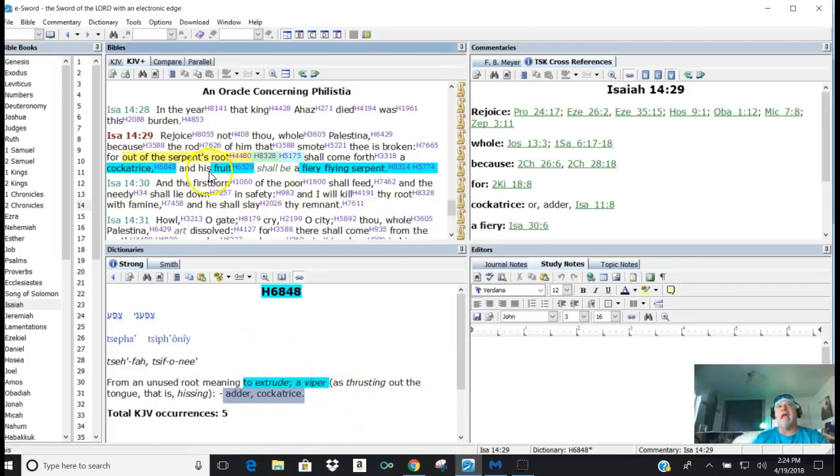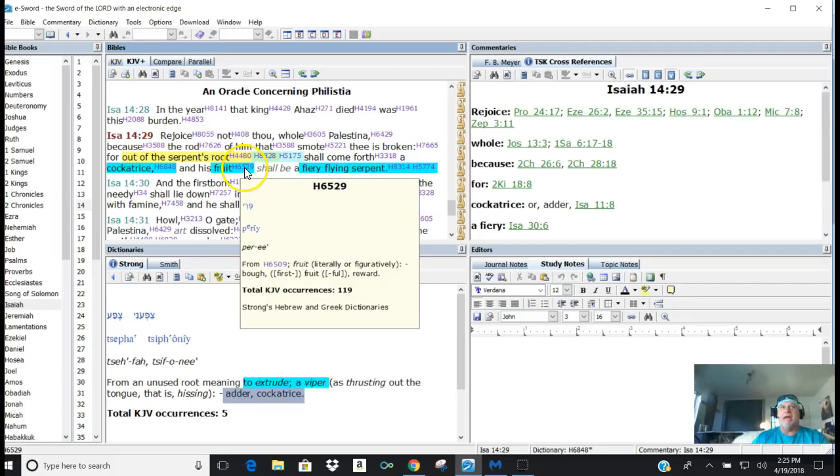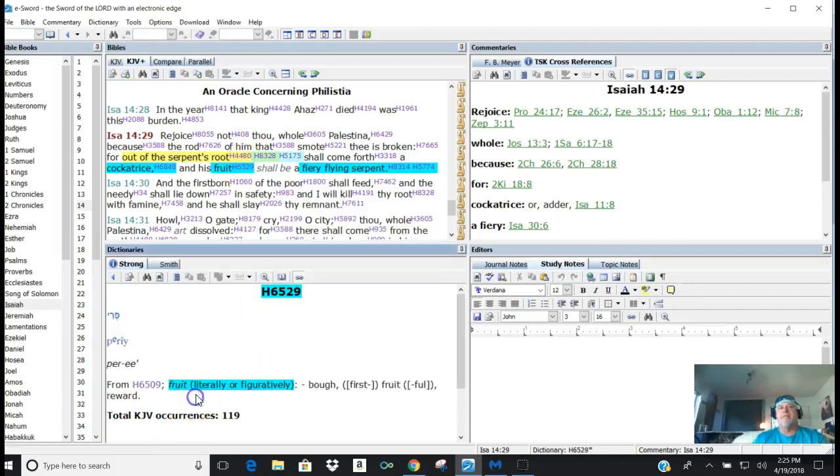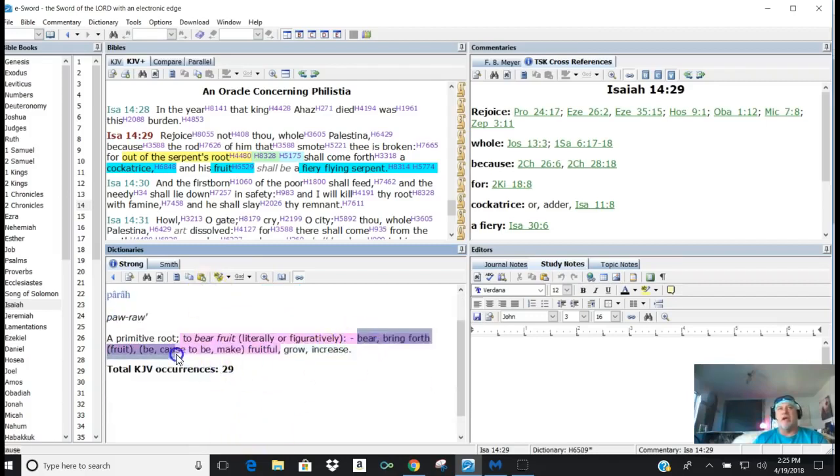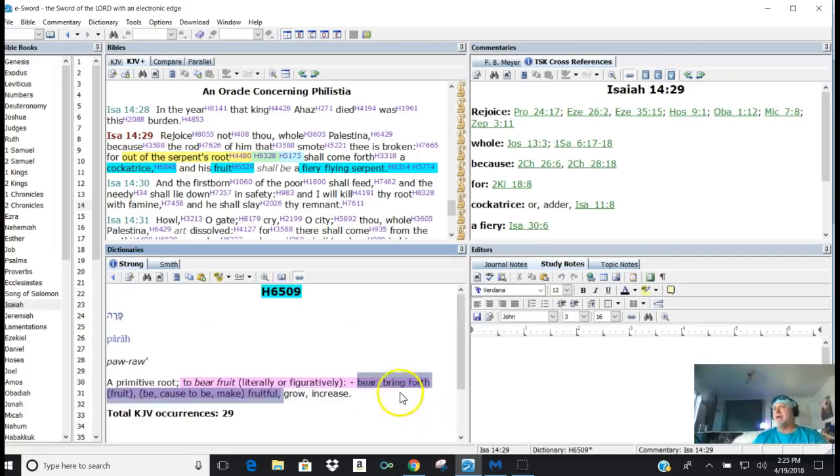A cockatrice, and his fruit shall be, look, okay, so shall come forth a cockatrice, and his fruit, literally or figuratively, and it means to bear fruit, to bring forth young, to be fruitful, to grow, to increase. Like in Genesis, go forth and multiply, be fruitful and multiply.